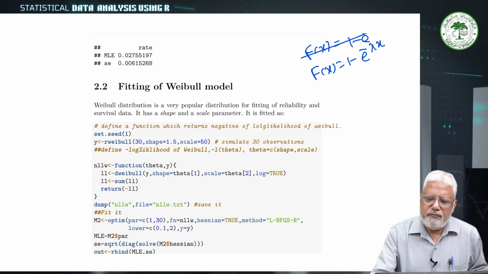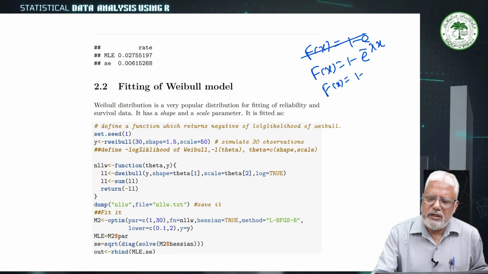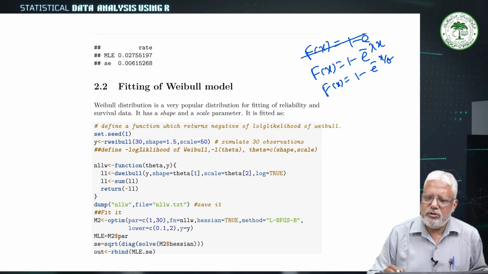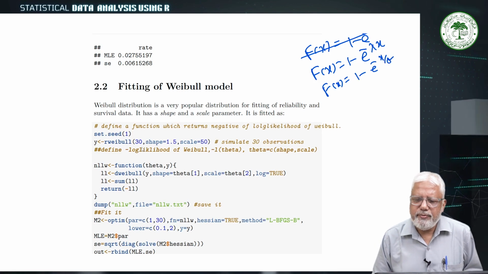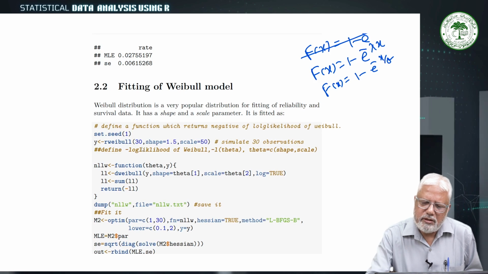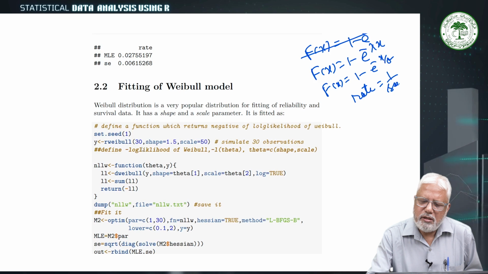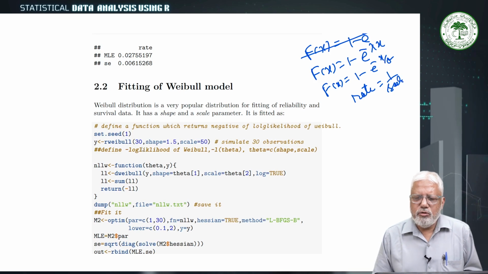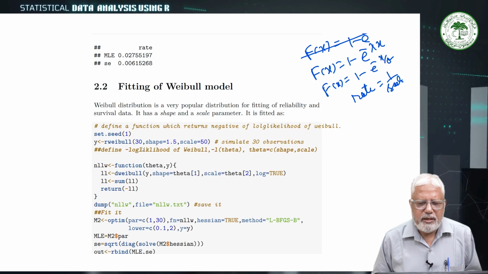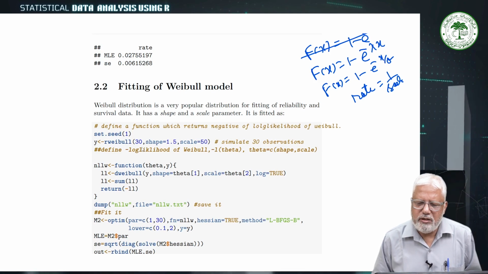If we define it in terms of scale instead of rate, it will be e raised to the power minus x by theta. So theta is the scale parameter and lambda is the rate parameter, and rate is equal to 1 by scale. Exponential distribution has been defined in terms of rate, whereas Weibull distribution has been defined in terms of scale.